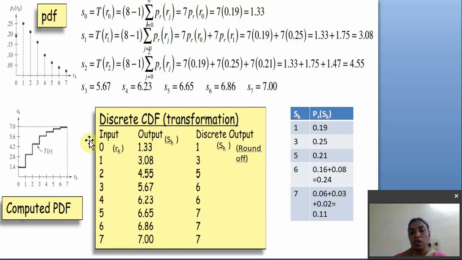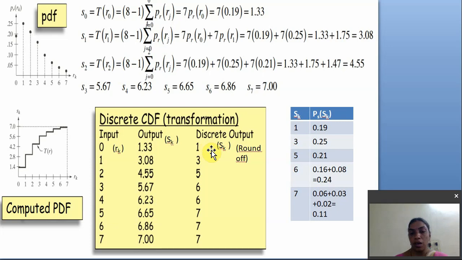So observe the relation here. SK is 1, so for input 0 you get SK as 1. So how many pixels with intensity 0 become pixels with intensity 1 in the output image?